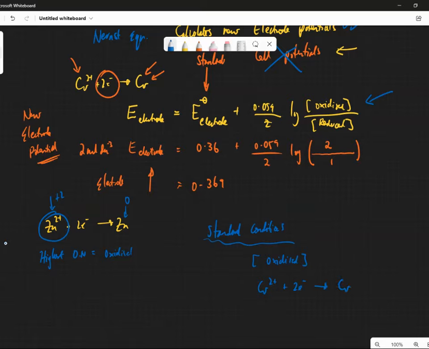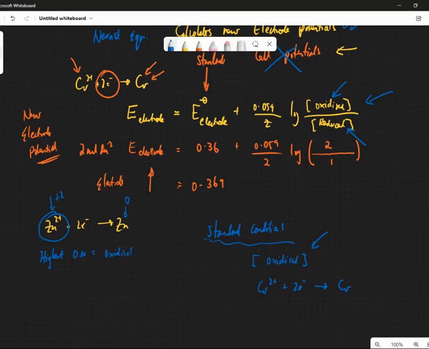What number goes in here? Yeah, exactly, 1. Now, this is the clever thing. If 1 goes in here, this is going to be 1 as well, because it's not in solution. It becomes 1 over 1, yes? And then we get 1 there. 1 over 1 is 1. And what's the log of 1?